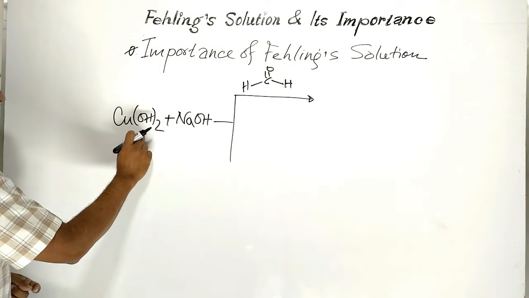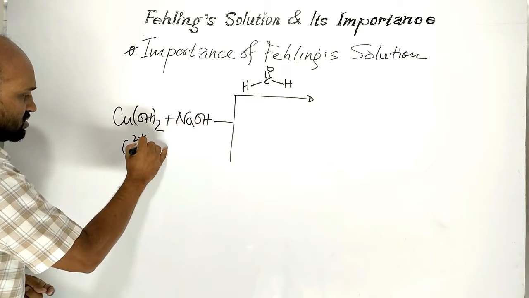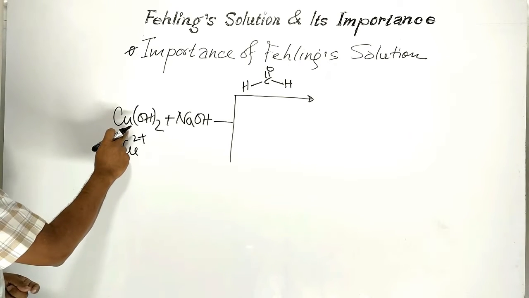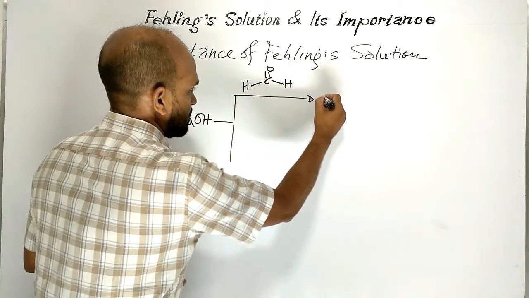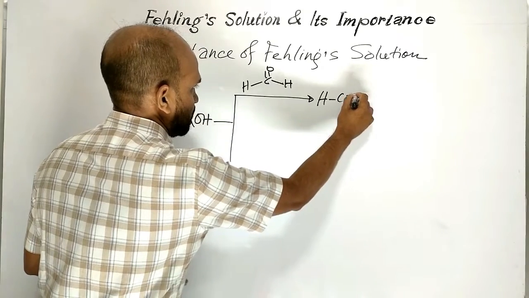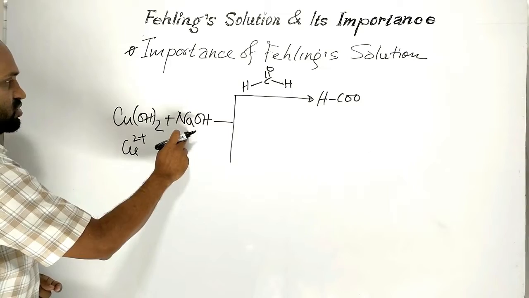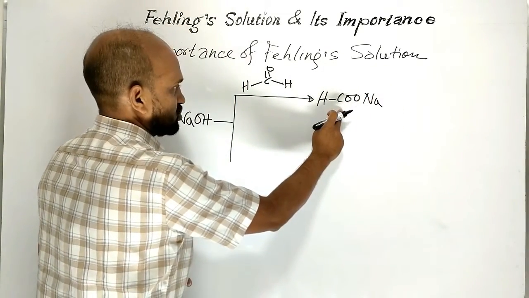Here Fehling solution contains copper 2 plus ion. This copper 2 plus ion acts as oxidizing agent. This copper 2 plus ion of Fehling solution oxidizes aldehyde to acid, formic acid. This formic acid turns into sodium salt of formic acid, that is sodium formate.